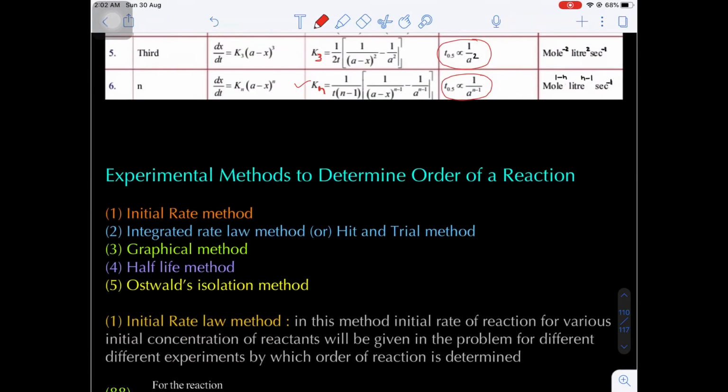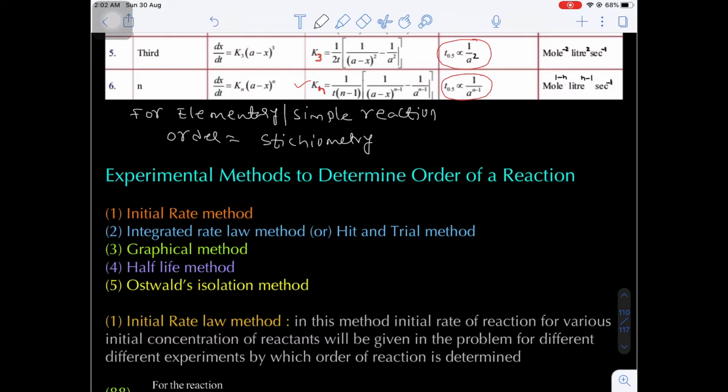Now let's suppose order for elementary reactions. If in the question an elementary, otherwise simple reaction is given, then directly the order will be equal to the stoichiometry of reactants.